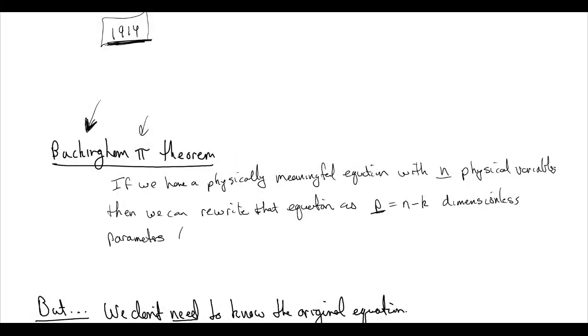And we traditionally write those parameters as capital Pi 1, capital Pi 2, all the way to capital Pi P. Hence the Pi theorem part, where k is the number of physical dimensions.